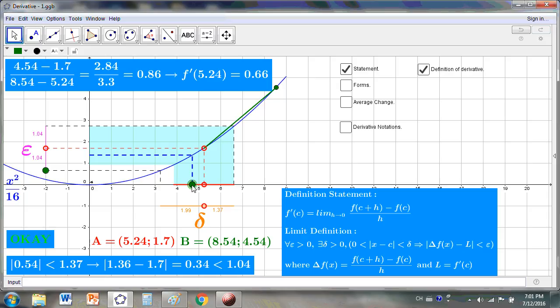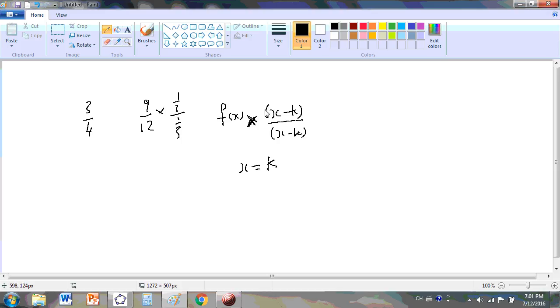It is defined at that point unless you've done something terribly stupid, like I've shown you in this slide here. In other words, you've multiplied it by 1 and then introduced a little condition saying that x cannot be equal to k.